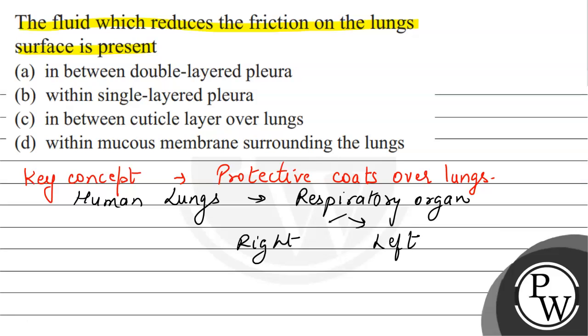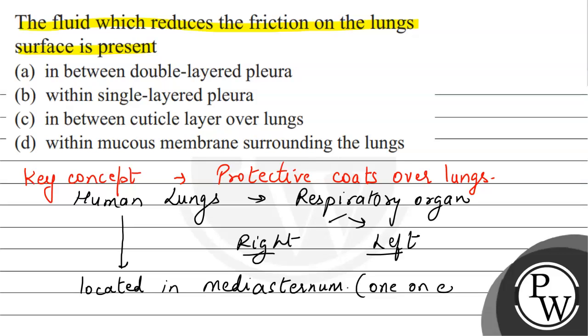Now these right and left lungs are located in the mediastinum, that means one on each side of the trachea, or you can say the sternum. So this is the exact location of our lungs.